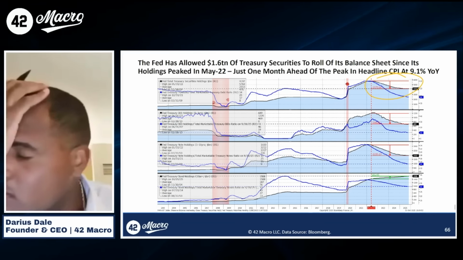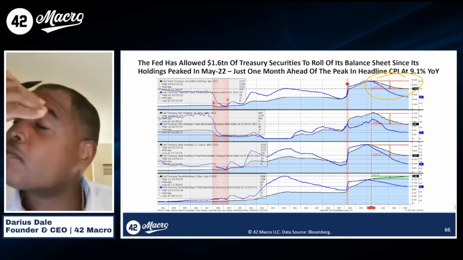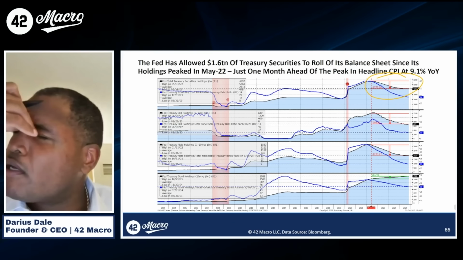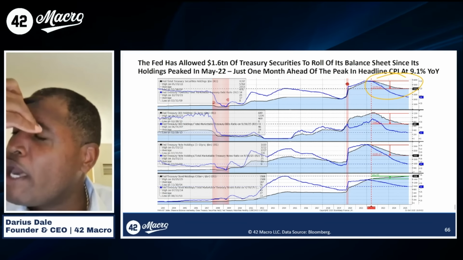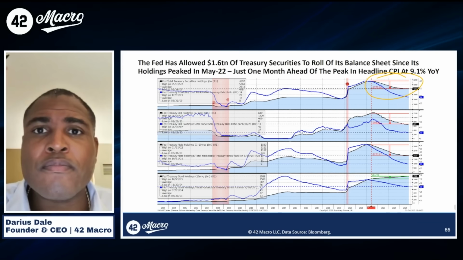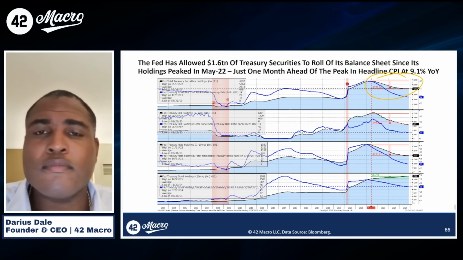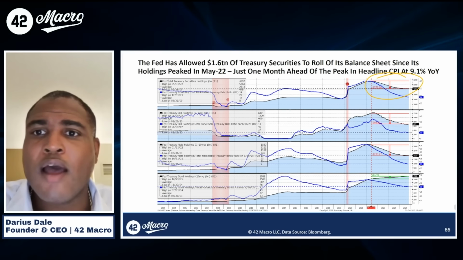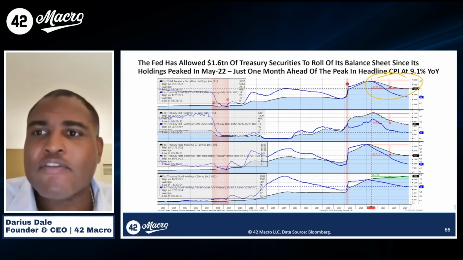I mean, these guys, when the other party was in office, they were doing QE up until inflation was almost 10%. And now they're hawks. I literally don't even have anything to follow that up with. My brain emptied. I have nothing to say about that.